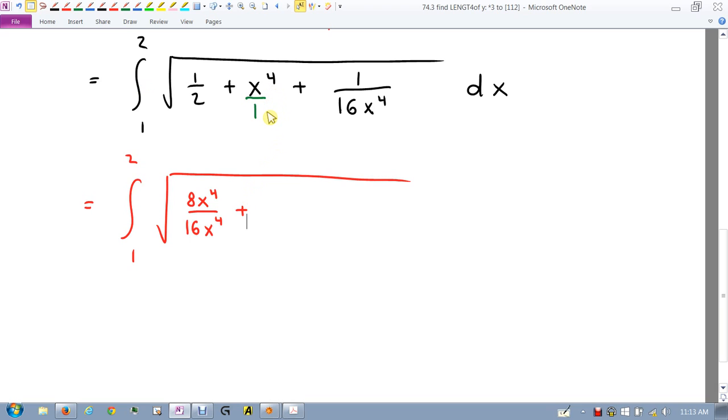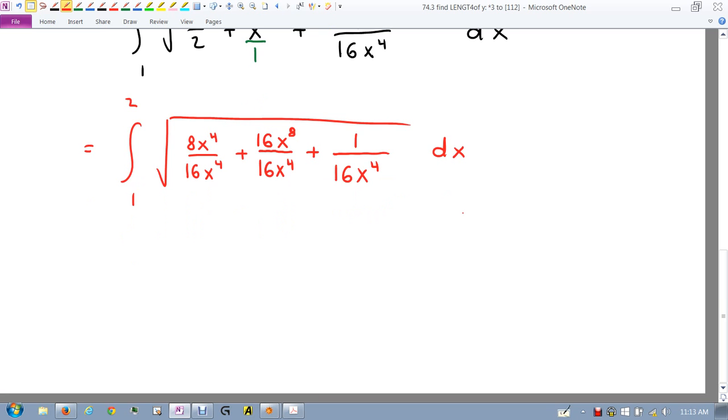On the whole thing, right? 16x to the fourth, so I have to do 16x to the fourth on top and bottom, turns it into 16x to the eighth on top over 16x to the fourth. This looks like it's getting worse, doesn't it? It's actually going to work out great, though, which is why, again, this problem was hand-picked to work correctly.